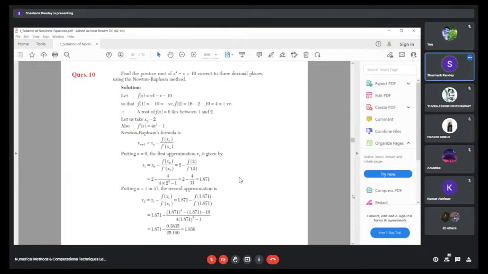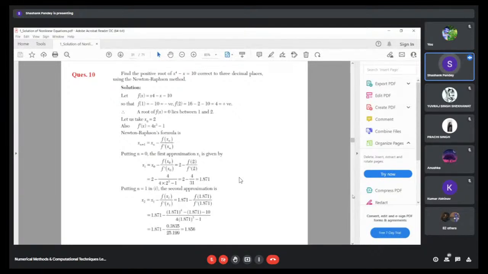So we see here that x naught is 2, the value of f(2) turns out to be 4, and f prime of 2 turns out to be 31, which gives us x1 as 1.871. So this is one of the approximate roots.